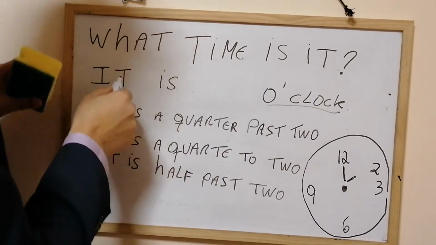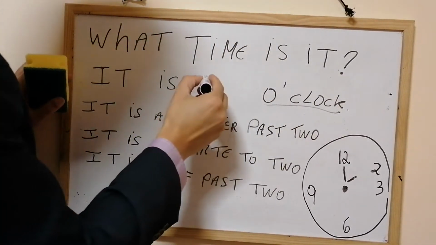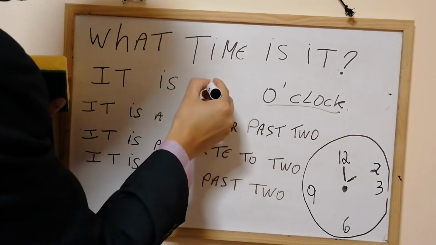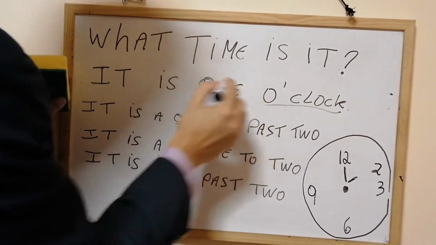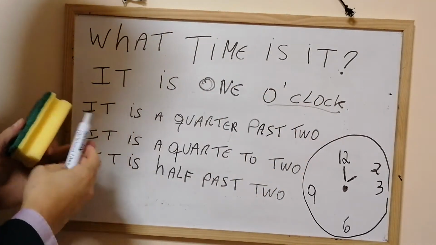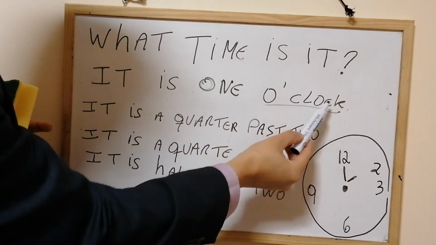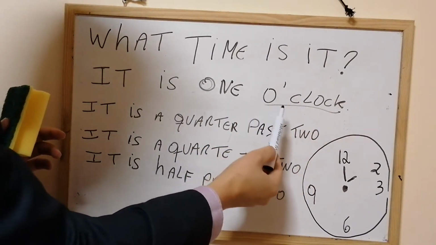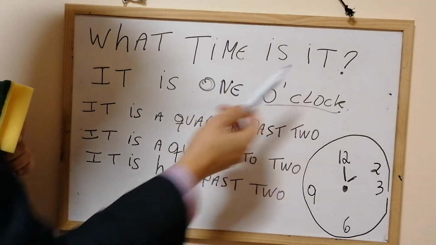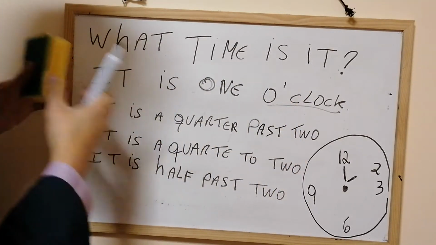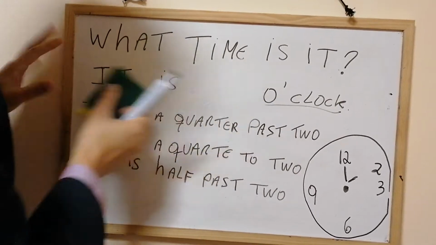Once again, what time is it? Let's use another time. It is 1 o'clock. We use o'clock when we have the full hour completed. It is 1 o'clock. Do you like 4?